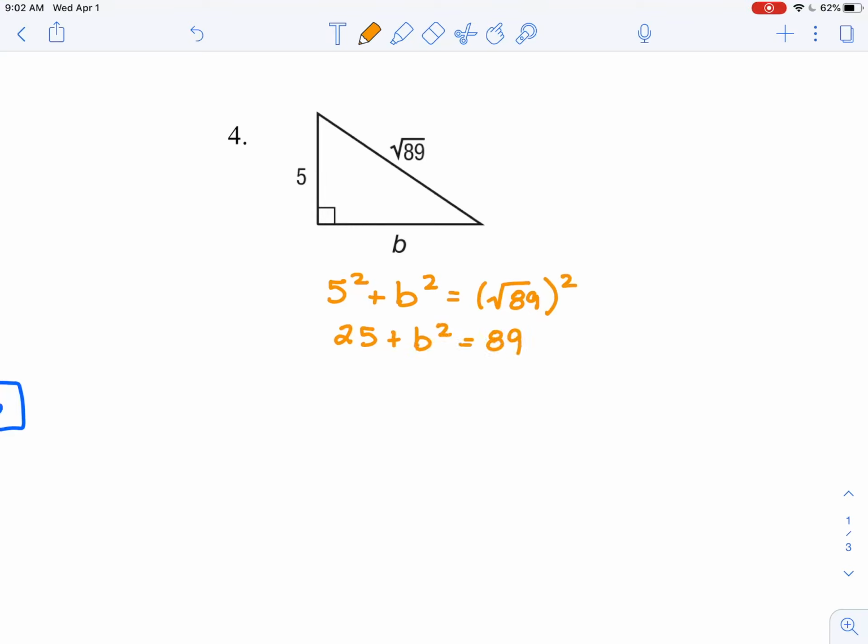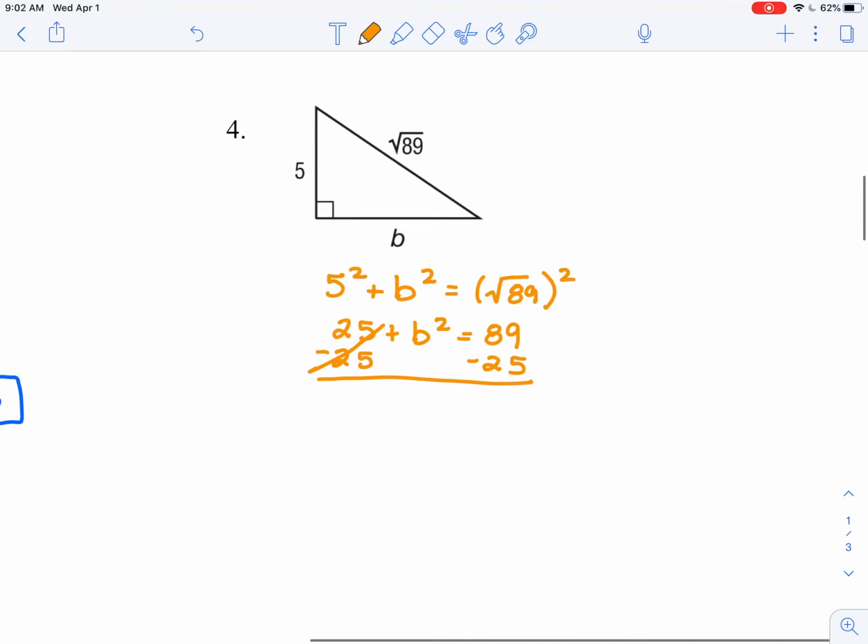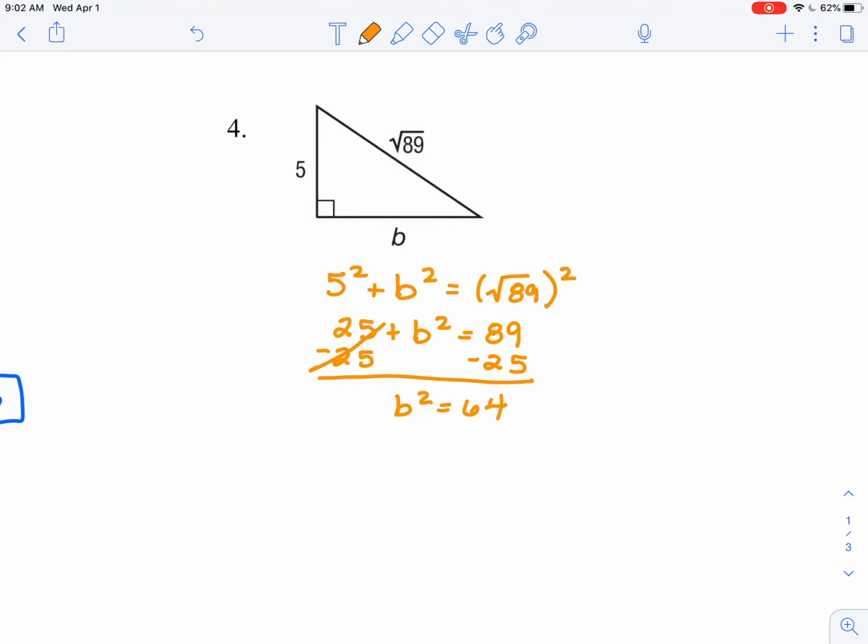The square root of 89 squared is 89. And now we can solve for b. So we subtract 25 from both sides. So b squared equals 64. And when we square root both sides to get b alone, b should be 8.